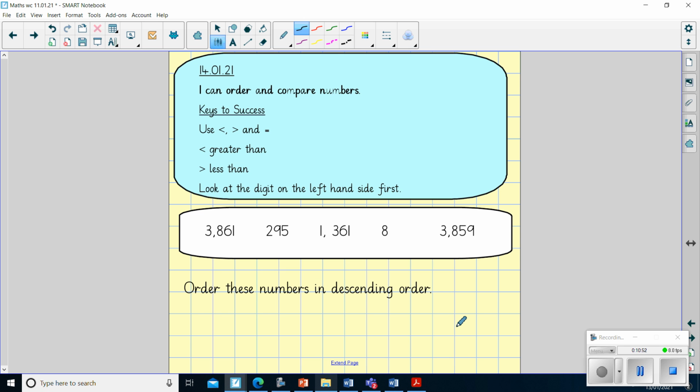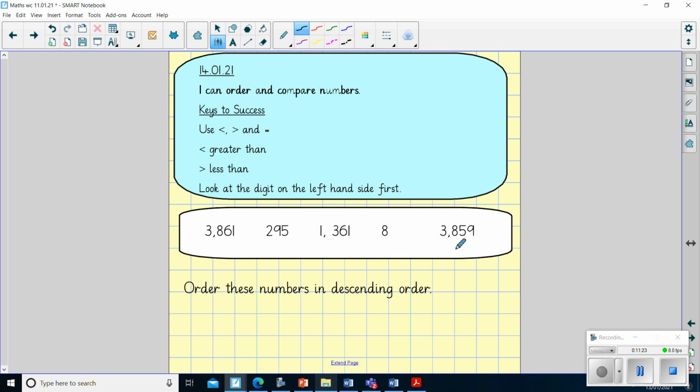This time we need to go in descending order. So we look for the largest, the greatest number, and we put that first. So I've got some 4-digit numbers here. So I've got a 3,000 one here, a 1,000 here, and a 3,000 here. So it's not going to be this one. So 3,861 or 3,859. So we've both got 3,000s.